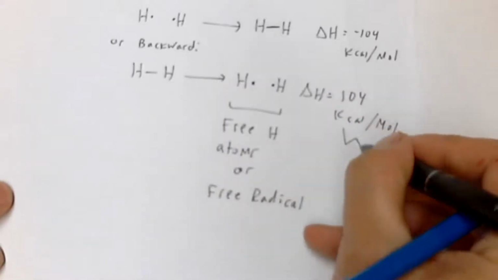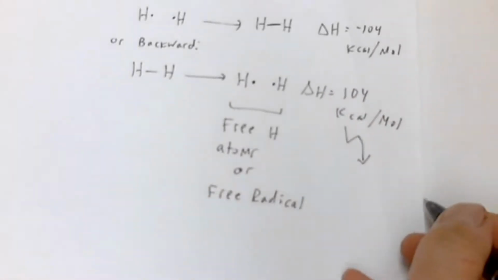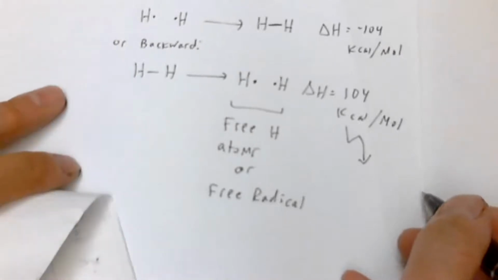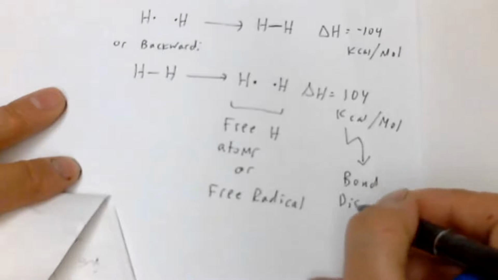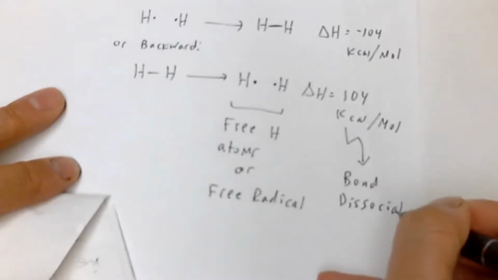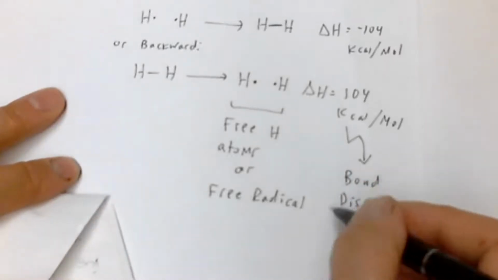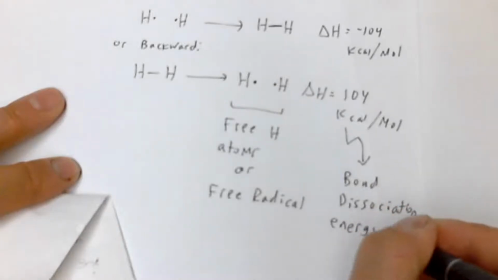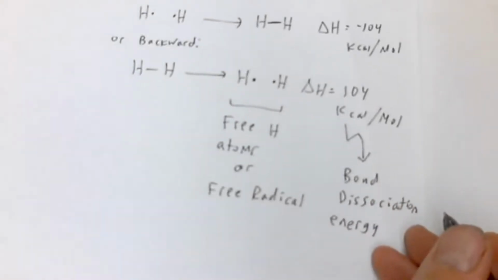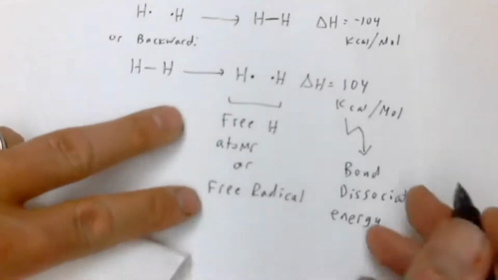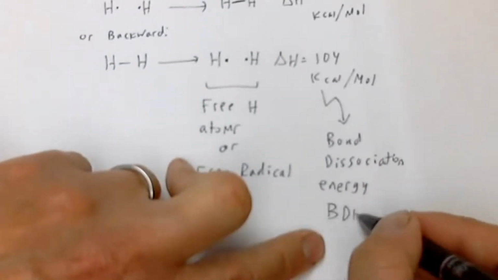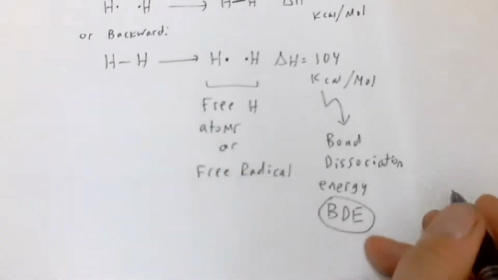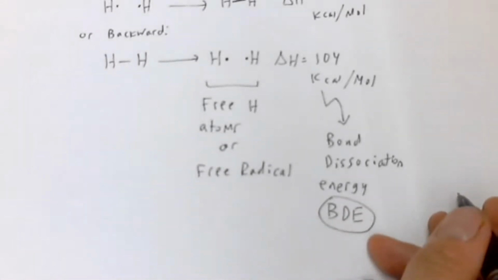So this number, we're going to give a name. We're going to call it a bond dissociation energy, and a good abbreviation might be BDE. So we're going to have a bunch of BDEs.